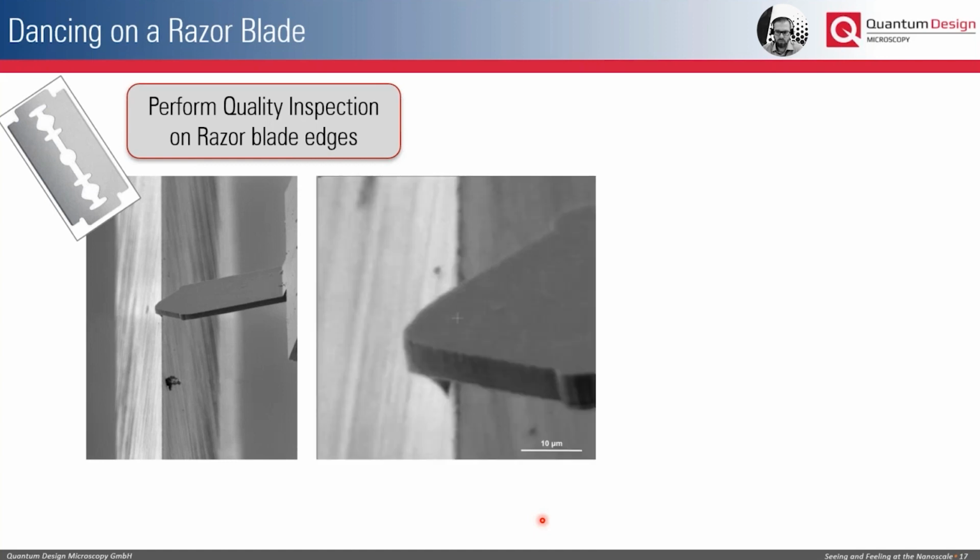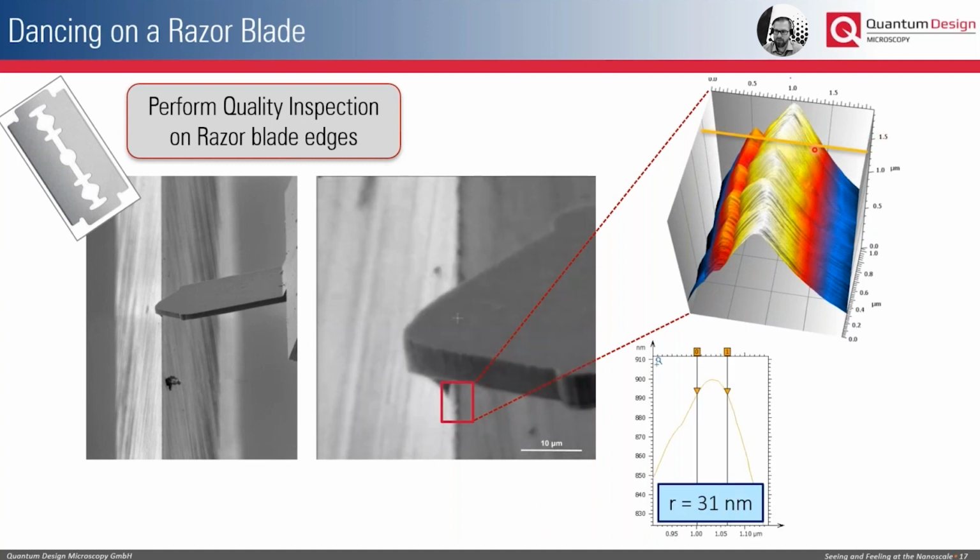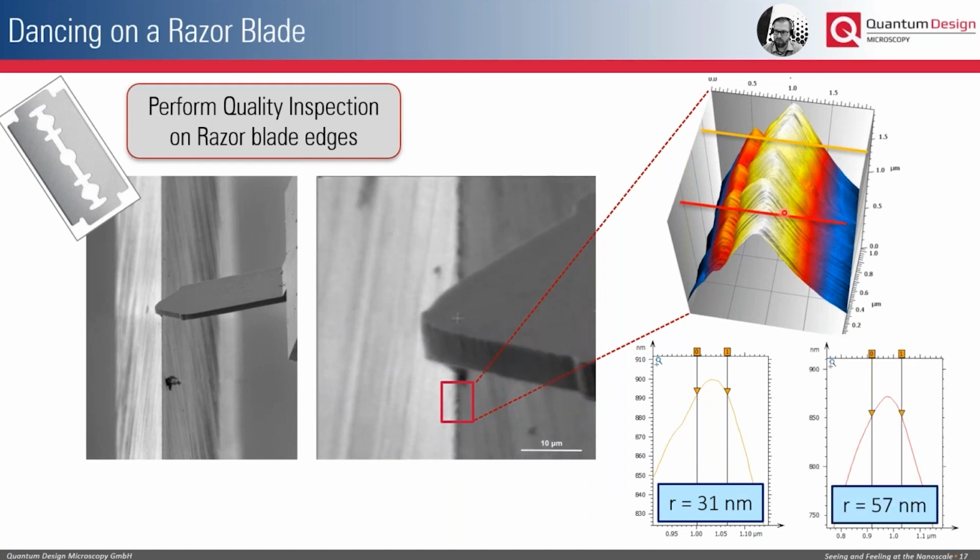And we can even watch the AFM do the measurement. So here you see now, while we are doing the measurement of the blade radius, and then of course we can extract the 3D topography data of this AFM scan, which you see here. And then we can analyze the blade radius. So we have a line profile here on the upper part of this 3D image and on the lower part.